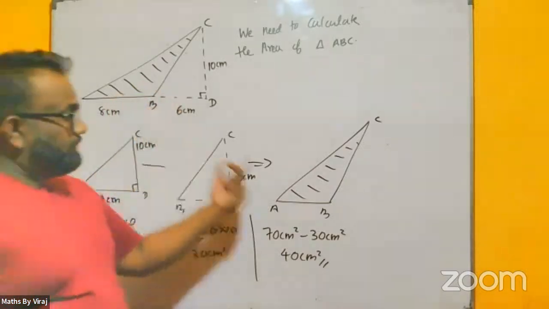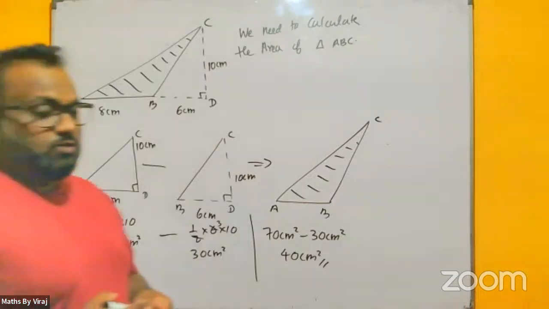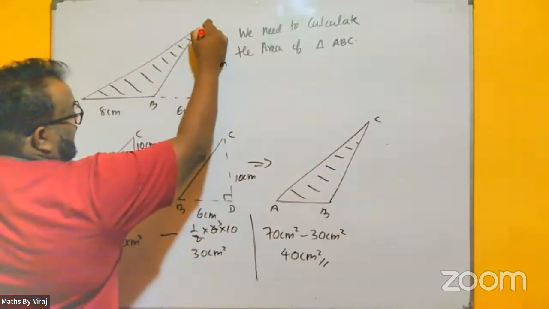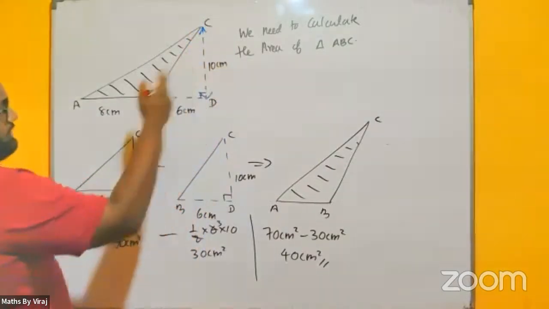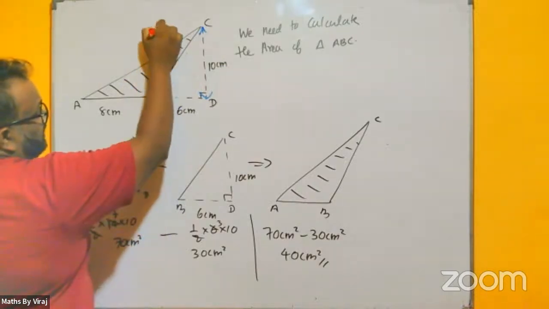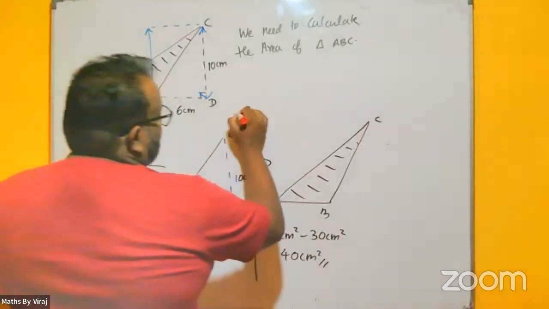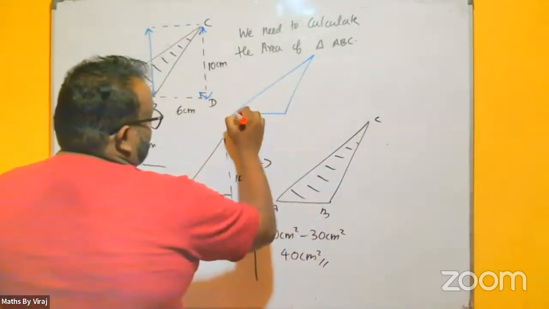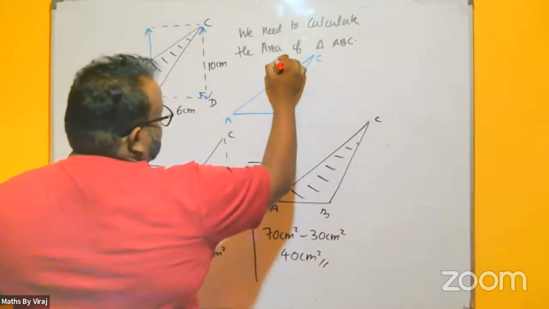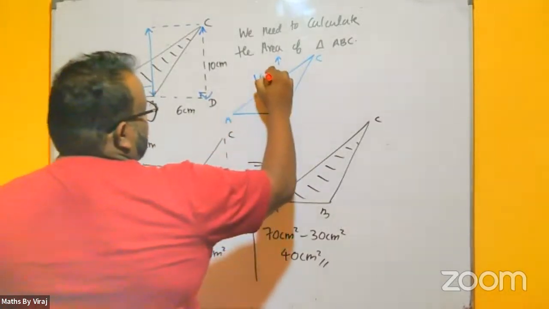We can't do this every time. So what is it that you should understand? If this height is given as 10, you can consider the height of the triangle to be 10. If I take this triangle ABC and consider the height, it is what now? 10 centimeters.